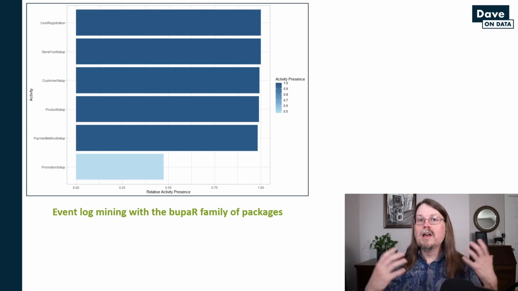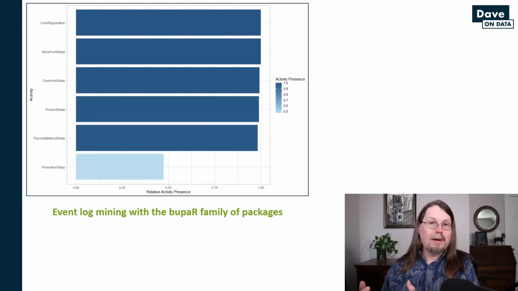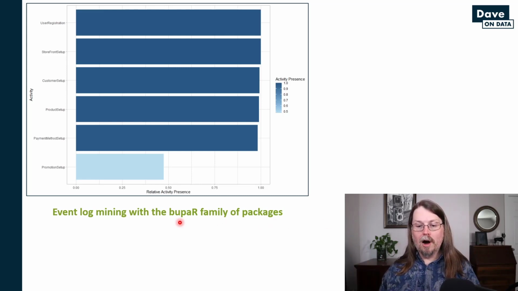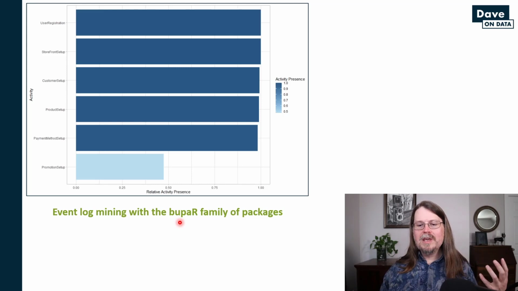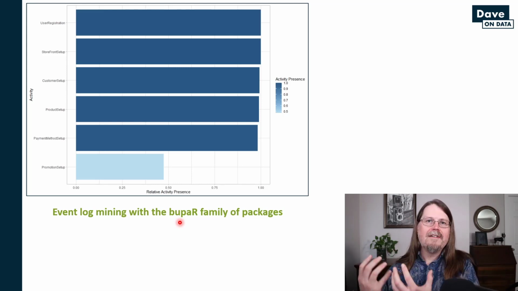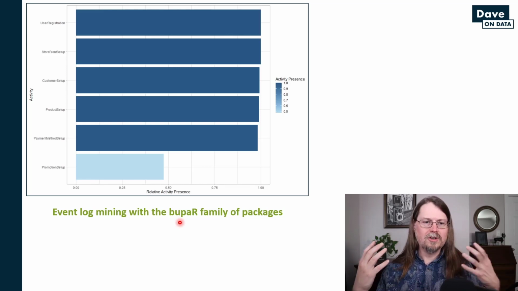So here we have an example of using a family of packages, a family of libraries in the R programming language known as bupaR, B-U-P-A-R. Yeah, it's a funny name, but it's a really cool thing. What we can see here is an event log from a hypothetical computer system. Maybe it's a software application that gets sold under a subscription model.